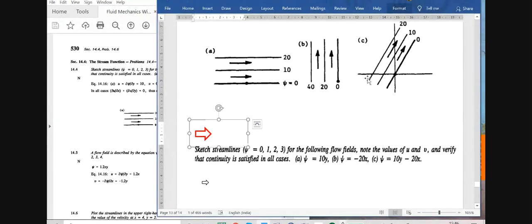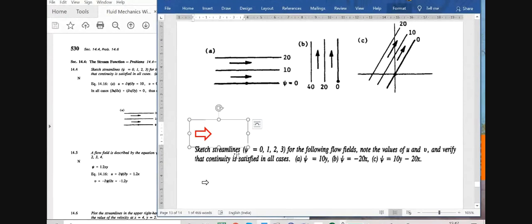Now, all of you look at this problem. Now I will explain the first case. A, psi equal to 10y, a flow represented by a stream function psi equal to 10y. What you are supposed to do is verify whether the continuity equation is satisfied or not.